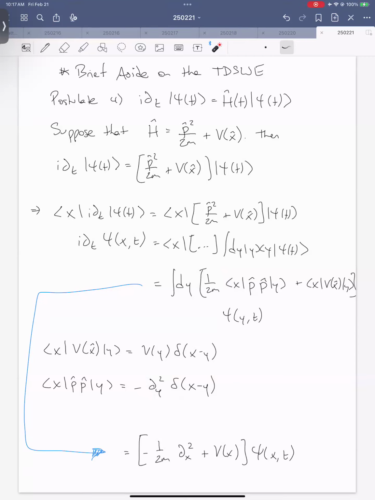Still don't know what to do, so I integrate by parts again, and I get then a delta x minus y. I get one minus sign from the first integration by parts, and a second minus sign from the second integration by parts. So I end up with a minus 1 over 2m, two derivatives with respect to x. Good. Great.